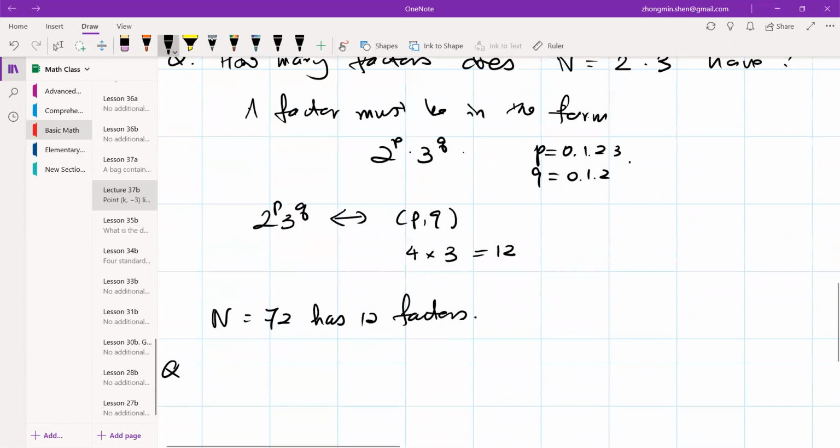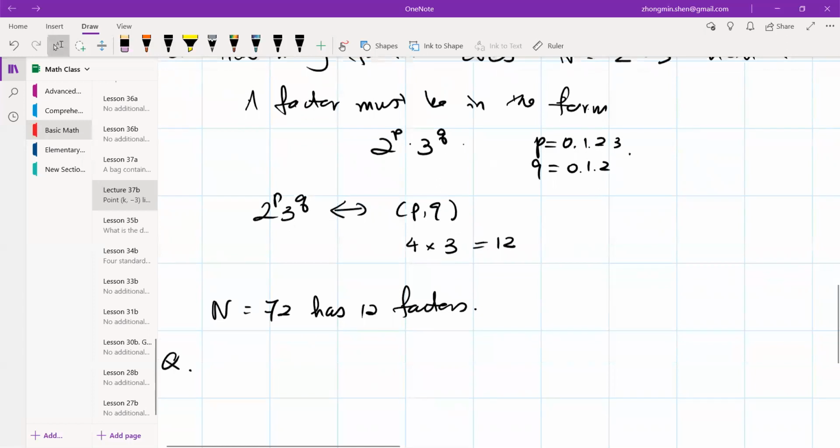My next question is: how many factors does 1,575 have?